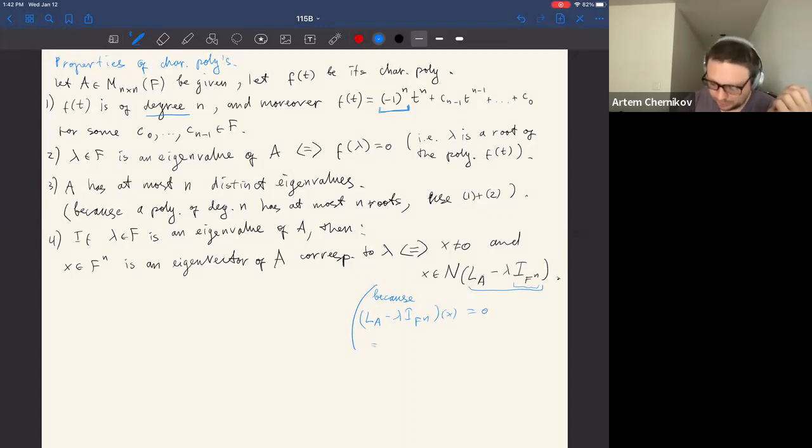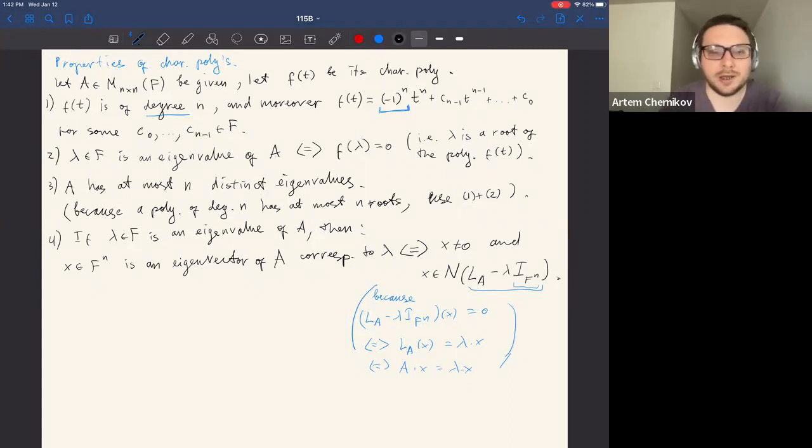This happens if and only if L_A(x) is equal to lambda times x, which is the same as A times x equals lambda x, precisely the condition for being an eigenvector. So this is just a remark, nothing deep here. Okay, so we have these observations.